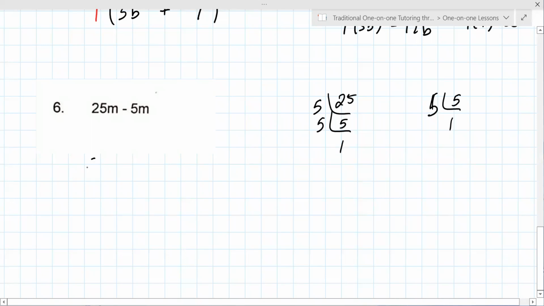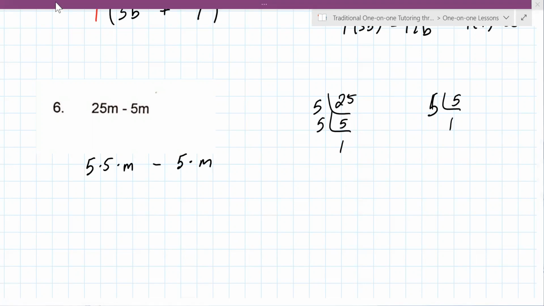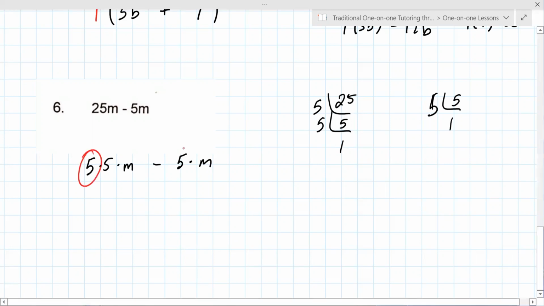So it's 5 times 5 times m minus 5 times m. Okay. What is the greatest common factor in this one? 5. It is a 5. Good.